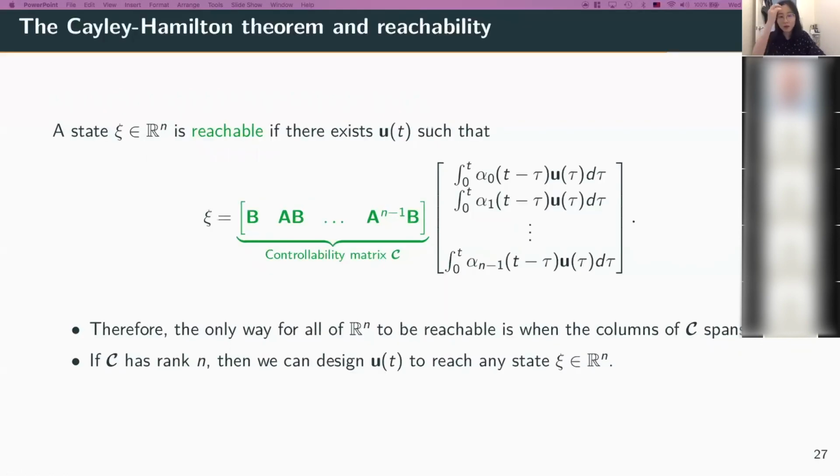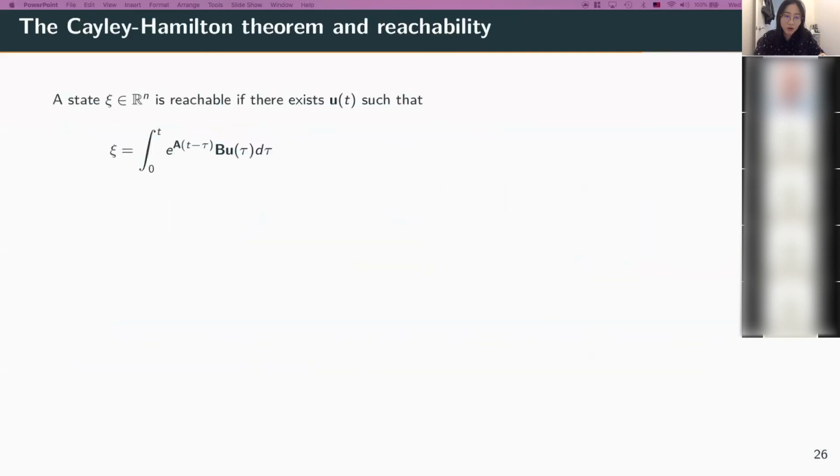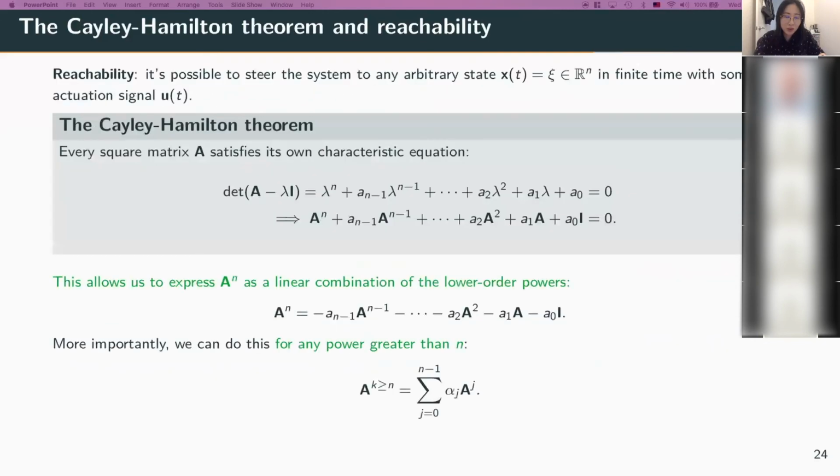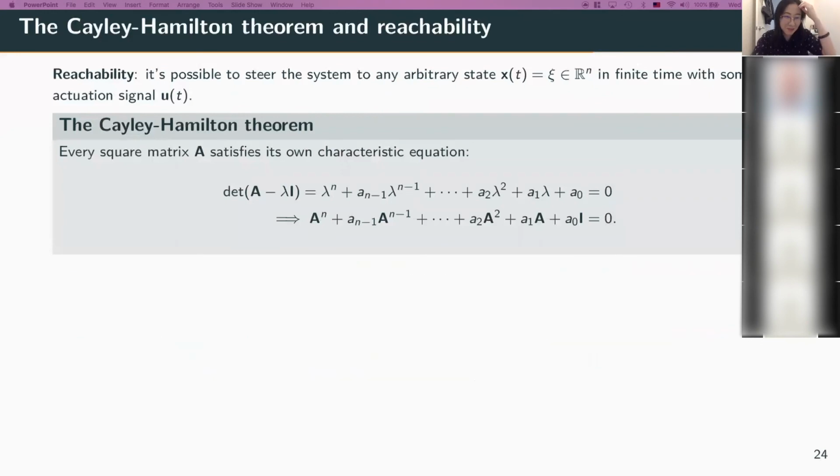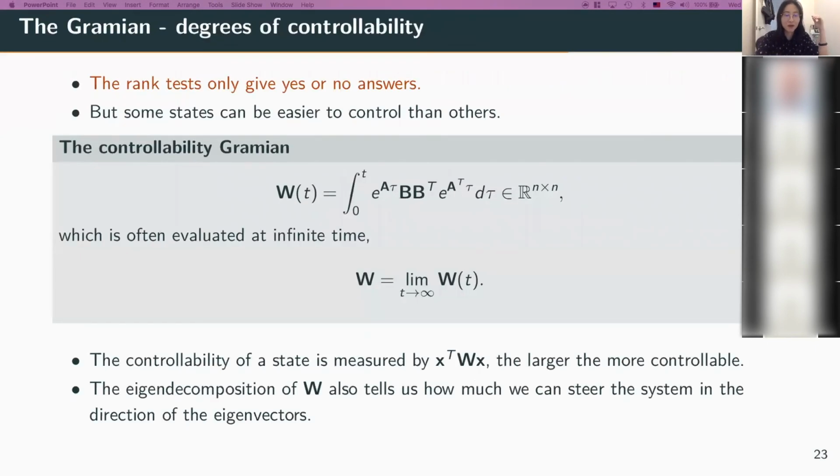Does the measure of controllability defined by the Gramian, that W matrix that we talked about earlier, correspond at all to how small we can make T or expect T to be for the reachability definition? Which part? You said that there was a measure with the Gramian of how controllable the system is. Right, I see. So the degree of controllability. Does that have anything to do with how small you can expect T to be in the reachability definition?